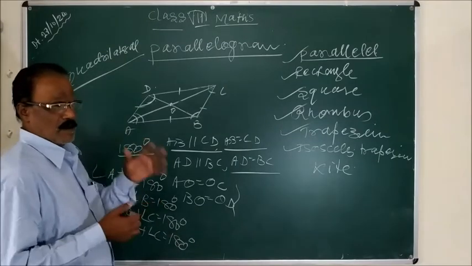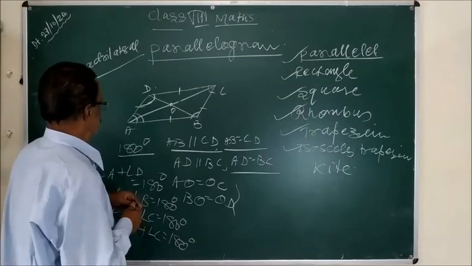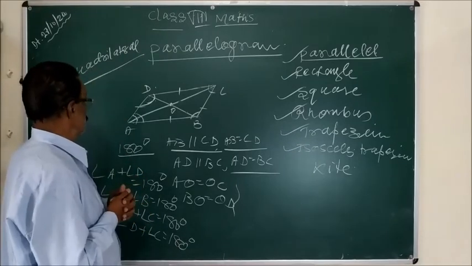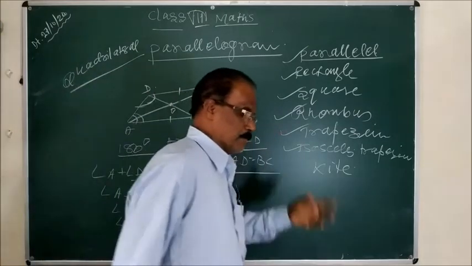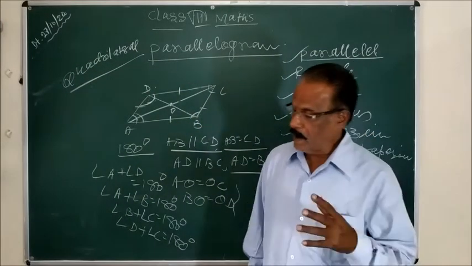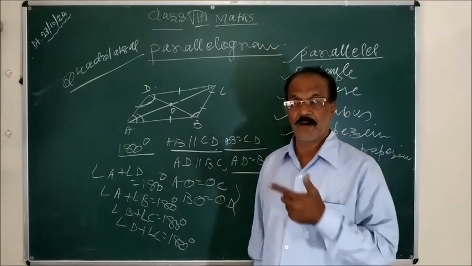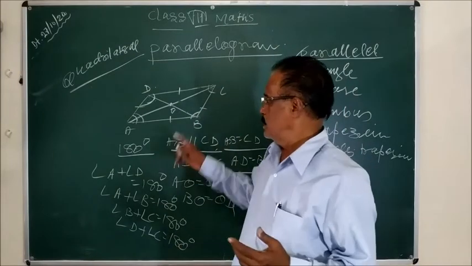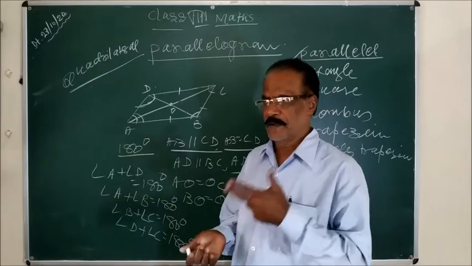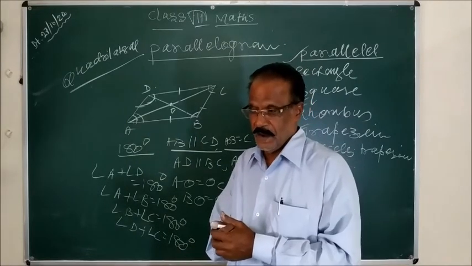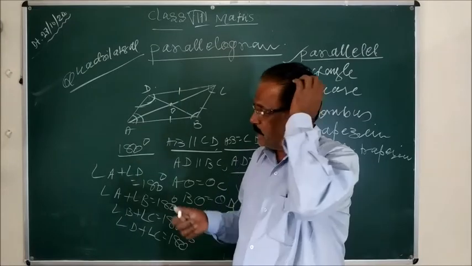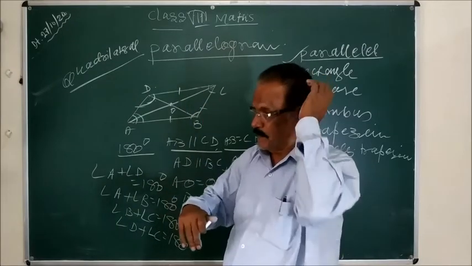I will explain one by one because you should understand also. So today we are in the chapter parallelogram. A parallelogram is also a quadrilateral. You may ask why, sir? Because a parallelogram is also a figure which is enclosed by four sides. But important is that this is a special kind of quadrilateral.